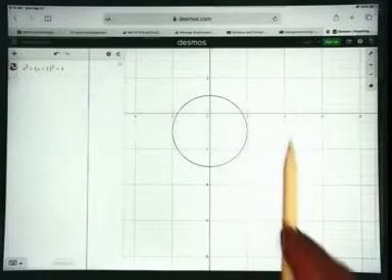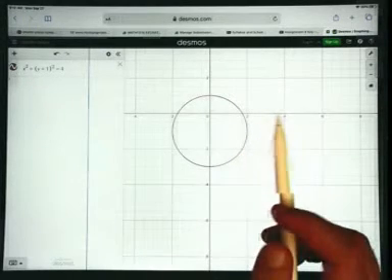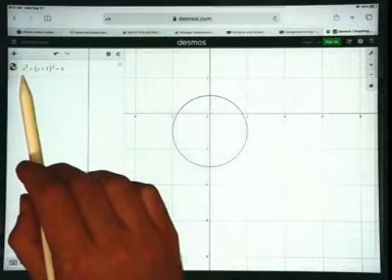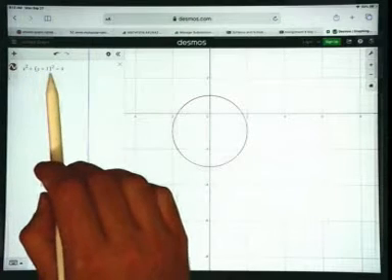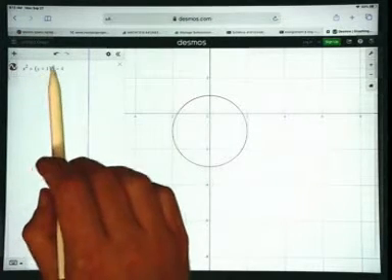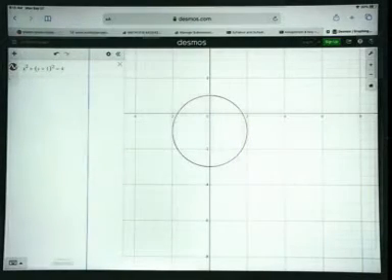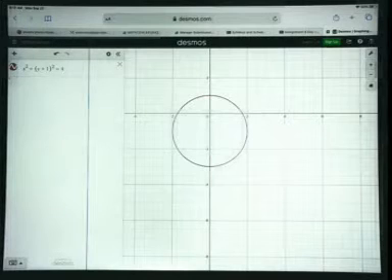What's making this a circle, and we're going to talk about this later on, not too far down the road, is that not only is x being squared, but y is also being squared. When you expand out this y plus 1, it's going to get squared. That's what's creating the circle.